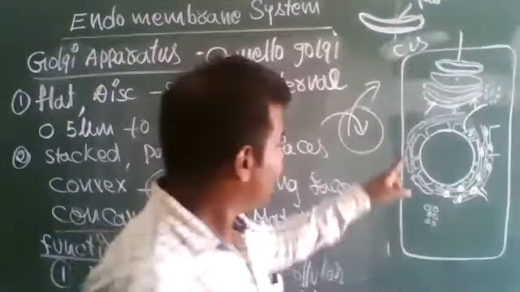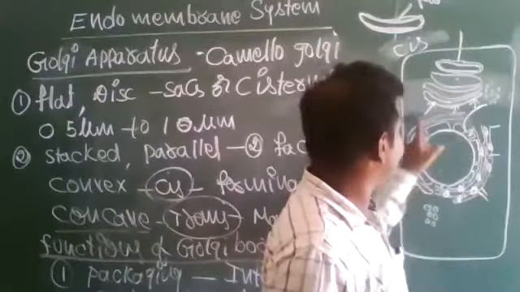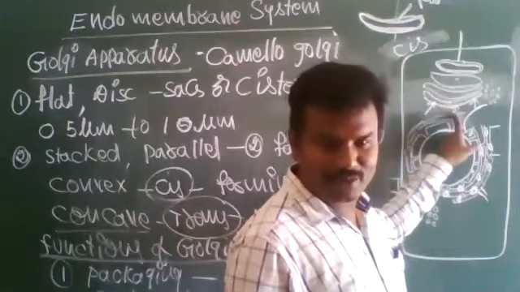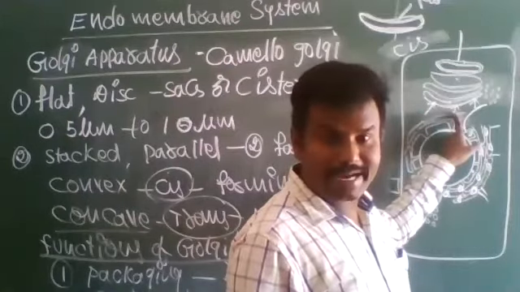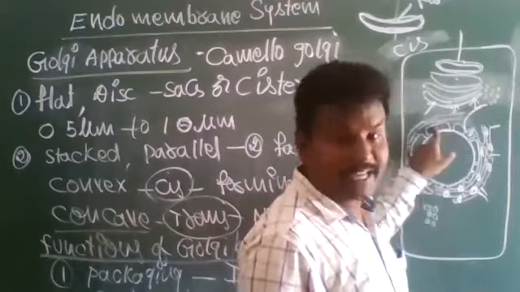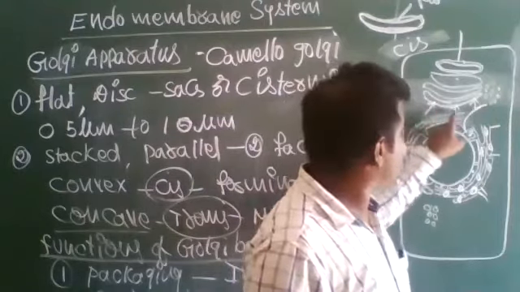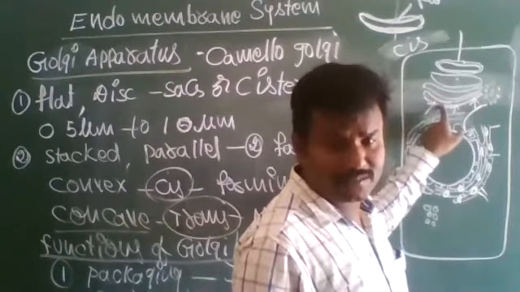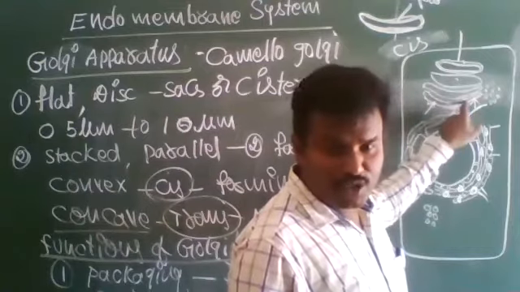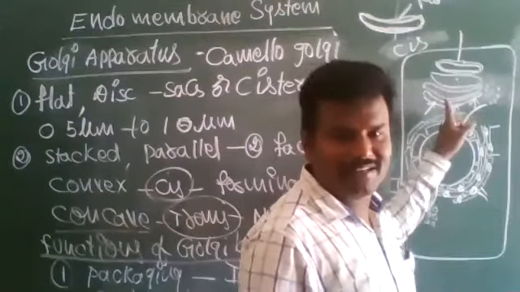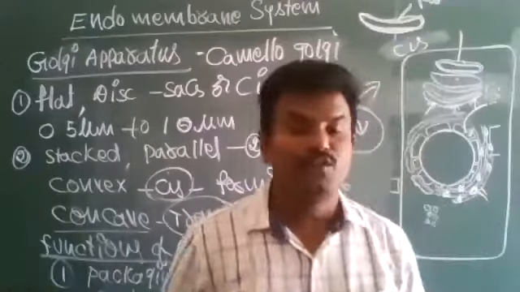See, here proteins are synthesized. Those proteins are packed in the form of vesicles from the endoplasmic reticulum and are fused to the Golgi complex. When they are fused to the Golgi complex, they are modified before they are released into the maturing phase.